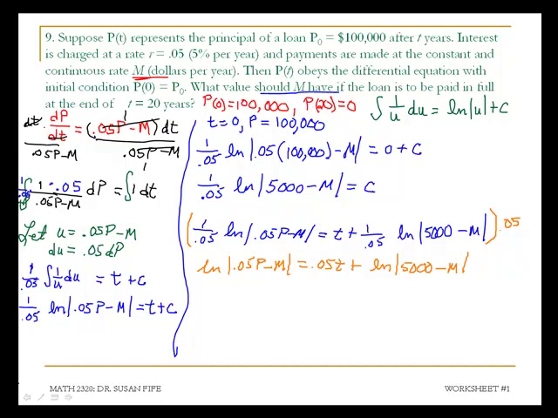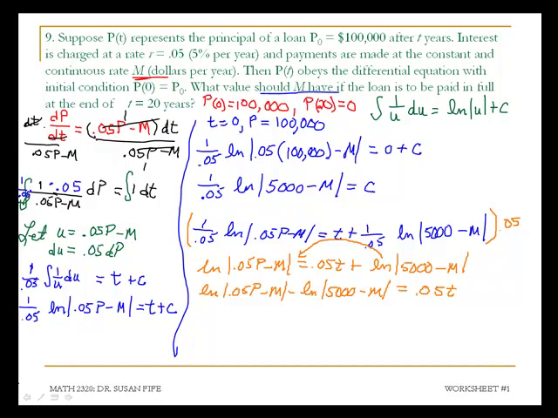And then let me bring this natural log term over to the left side of the equation so that I have natural log of (0.05 P minus m) minus natural log of (5,000 minus m) equals 0.05 t.